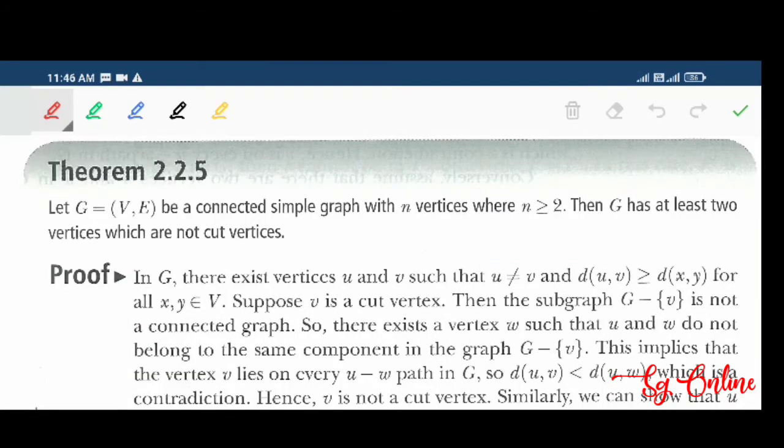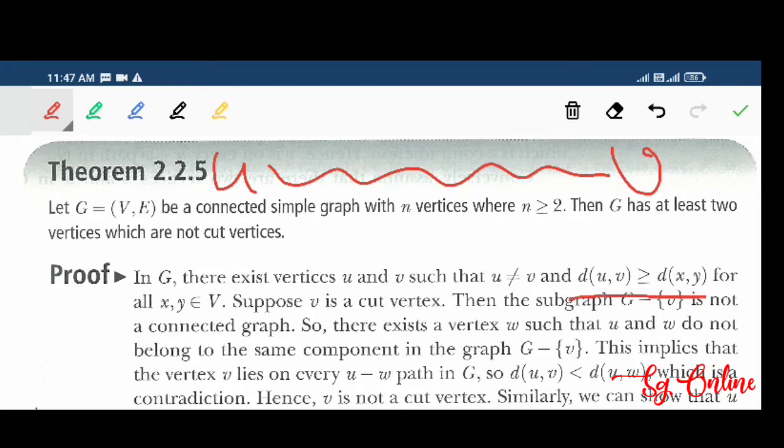Consider the diameter of the graph, which is the maximum distance between two vertices U and V, that is, d(U,V) is greater than or equal to d(x,y) for all x, y belonging to V. Then we will show these endpoints of this diameter are not cut vertices.